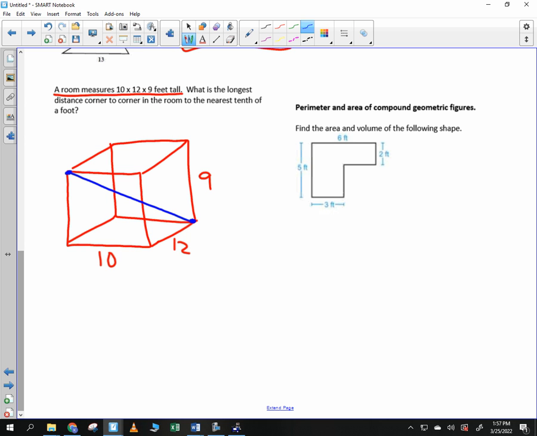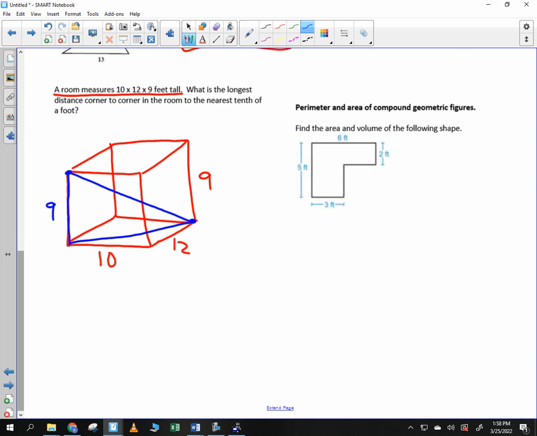Everybody agree that that's the hypotenuse of a right triangle? This right triangle has a height of 9, but we don't know the leg of the right triangle, do we? Well, isn't that leg a hypotenuse of another triangle? So how would we find that?